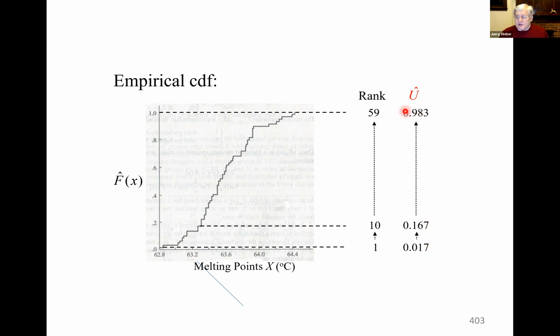Now, those numbers here along the axis, they are uniformly distributed. Those are those probabilities. They go from 0 up to 1. So the probability that we have less than this observation in rank 10, that's about 63 something, the probability is about 20%, 0.2.